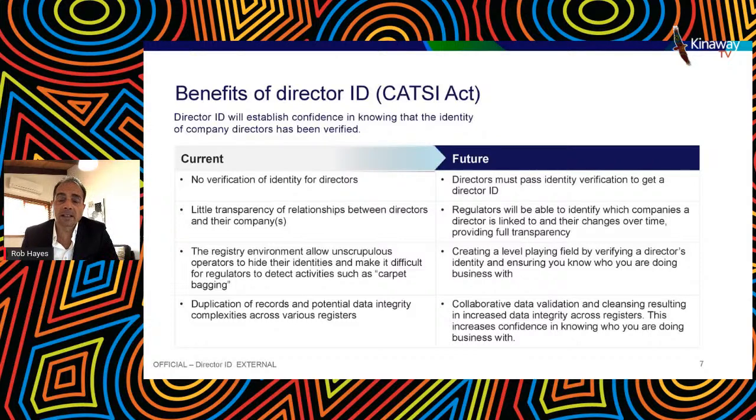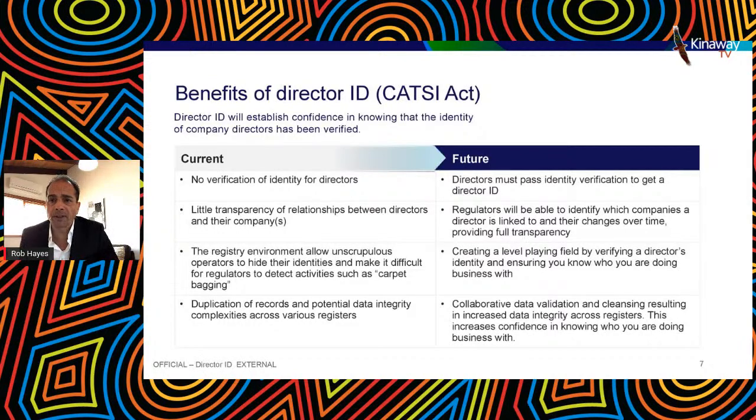Many employees, service providers, trade suppliers, and other people miss out on payments and money that is rightfully owed to them through the activities of illegal phoenixing. And Director ID is a measure that will hopefully help prevent phoenixing from being as prevalent as it is now.